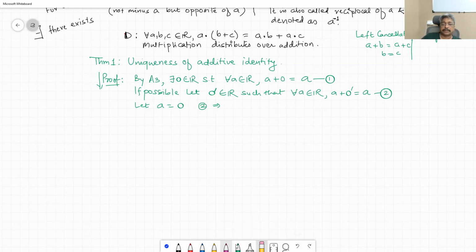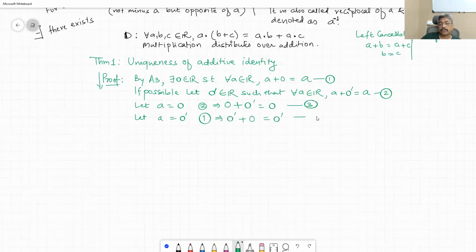Statement 2 implies 0 plus 0 dash is equal to 0. Let A equals 0 dash. Statement 1 implies 0 dash plus 0 is equal to 0 dash. Statement 3, statement 4.